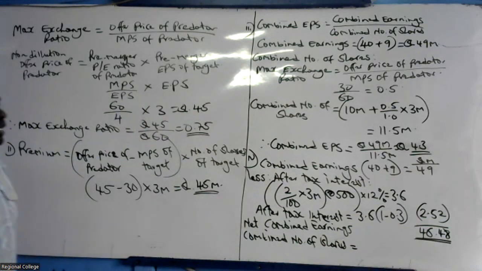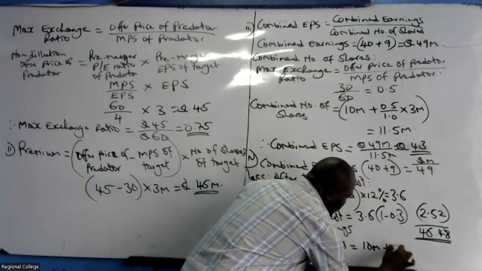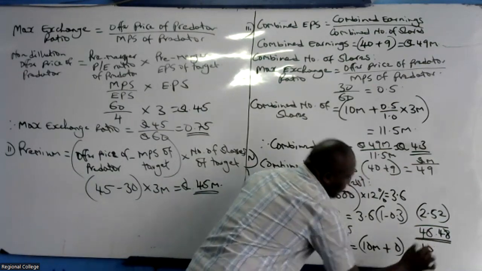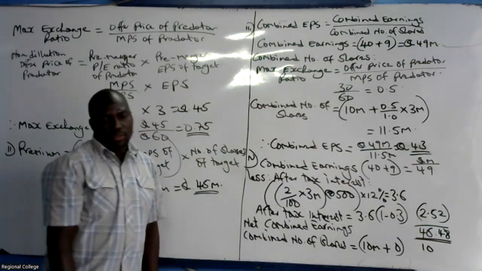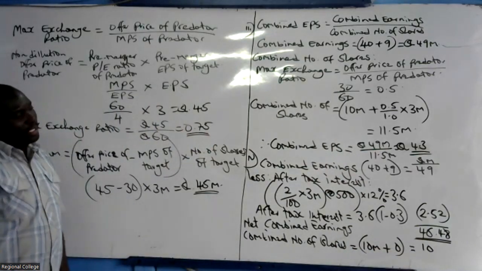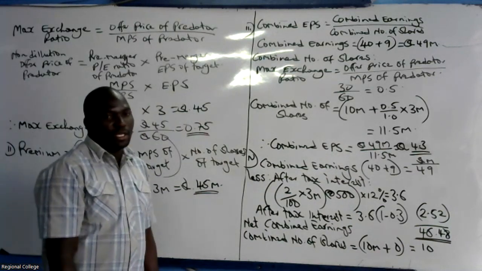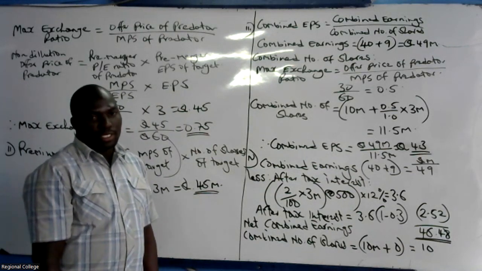The combined number of shares: A Limited is equal to 10 million, and B Limited is none. So total becomes 10. So the EPS is 4.648. Because there's no new shares coming in. We're giving out what?